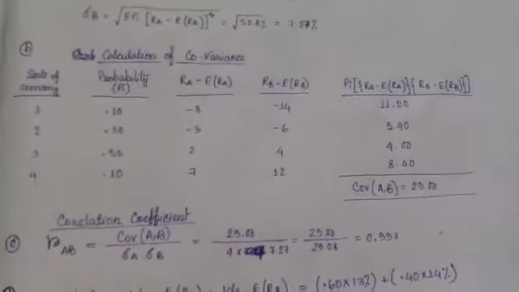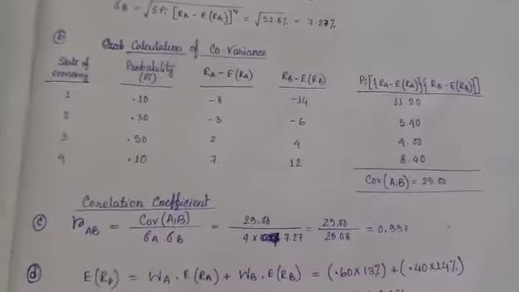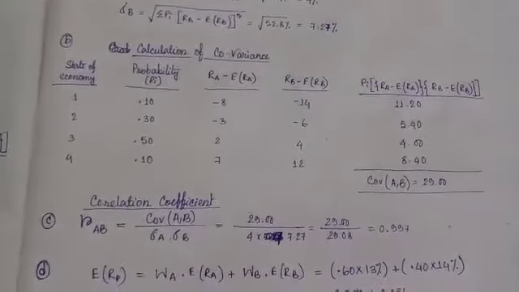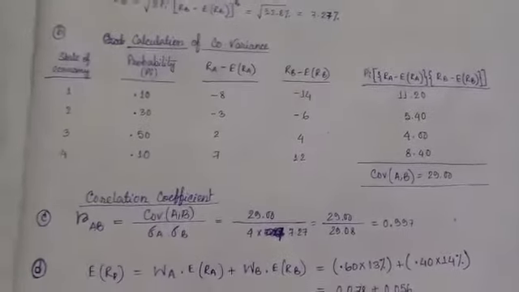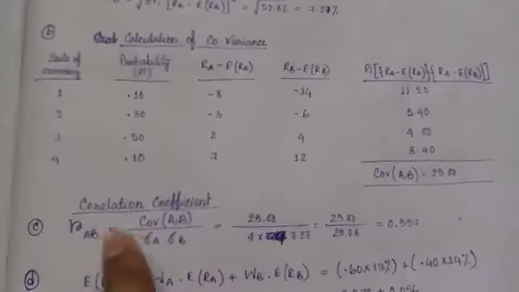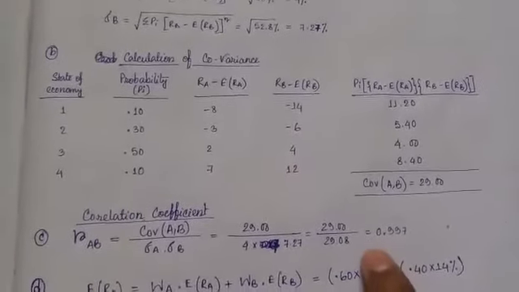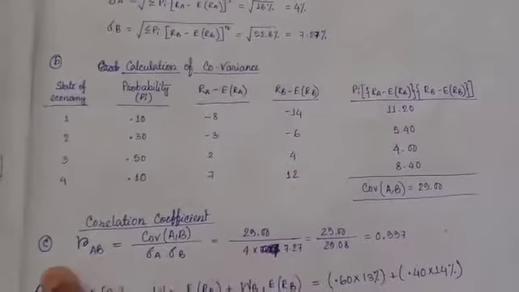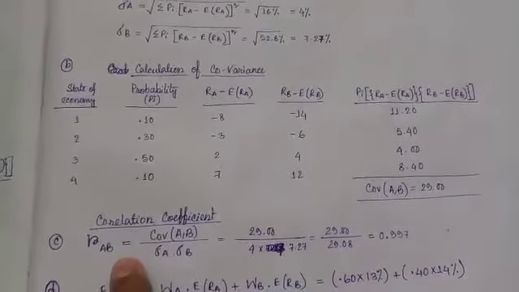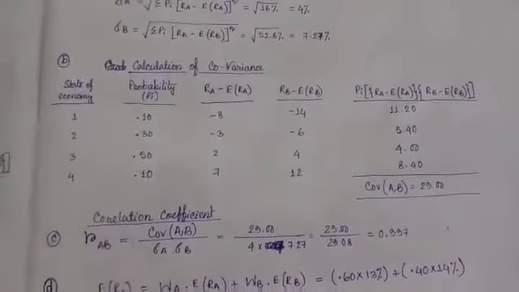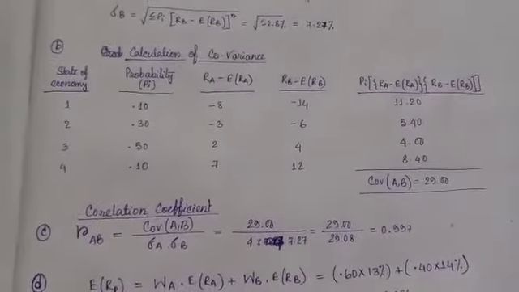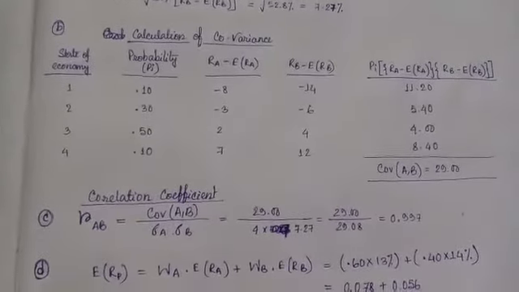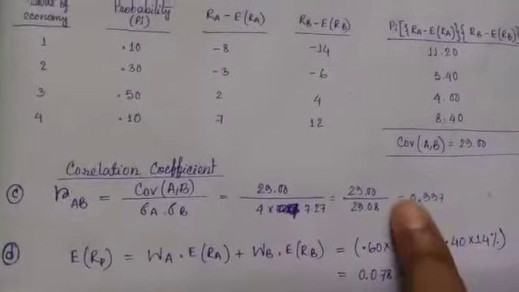So the correlation coefficient indicates the movement of one security with respect to the other, and since the correlation coefficient of security A and B gives a positive result, that means it is greater than 0, we can say that security A and B are positively correlated. If the return of security A is increased by 1%, the return of security B will also increase by 0.997%.